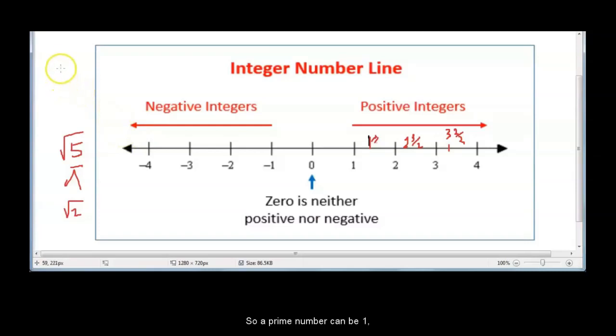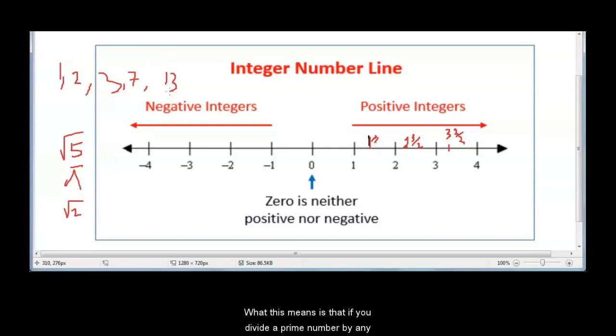So a prime number can be 2, 3, 7, 13, and so on. What this means is that if you divide a prime number by any number other than 1 and itself, you end up with a remainder.